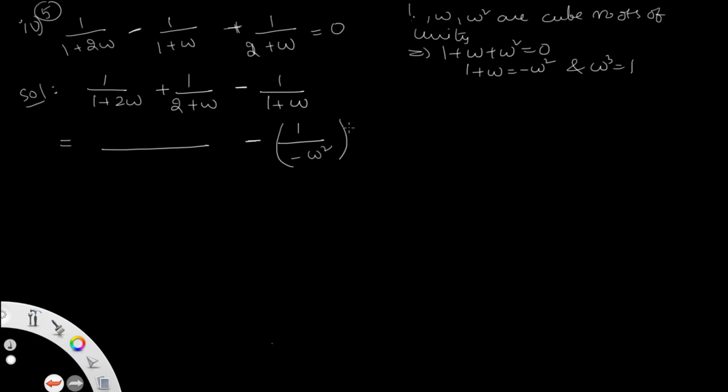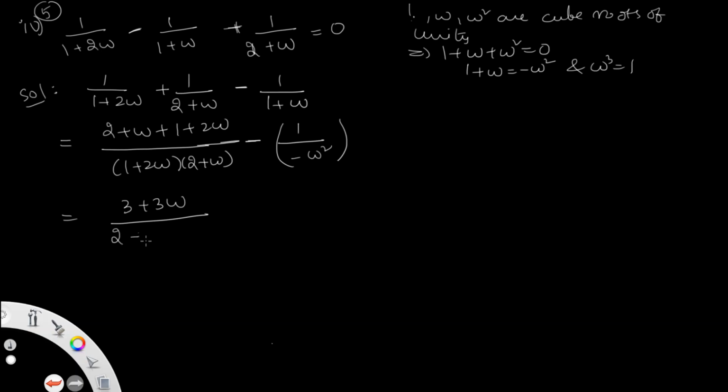From this, 1 plus 2 omega into 2 plus omega, I am taking the LCM for the first two terms only. Then you get 2 plus omega plus 1 plus 2 omega, that is 3 plus 3 omega, divided by the multiplication 2 plus omega plus 4 omega plus 2 omega square, minus into minus plus 1 by omega square.